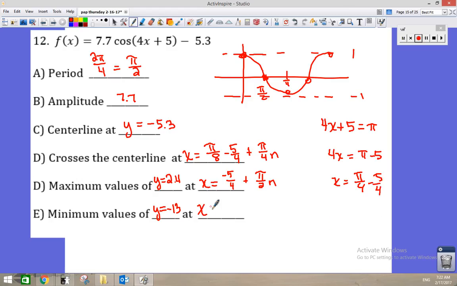So pi over 4 minus 5 over 4 plus, well, these min values are a full cycle apart, and the length of that cycle, the period, is pi over 2. So if I'm any integer multiple of pi over 2 away from this input, then I'll be at a minimum value.